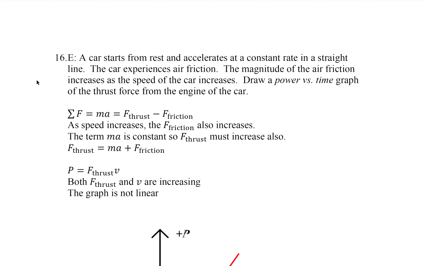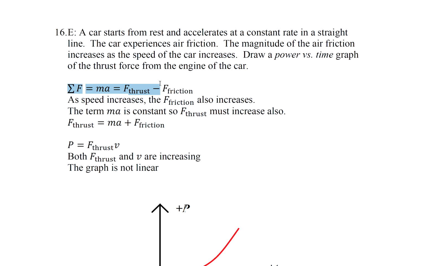Now remember, sigma F equals ma. Now we got force of thrust minus force of friction. We know as speed increases, force of friction increases. So if the term ma is constant here on the left-hand side, then F thrust must increase as force of friction increases.